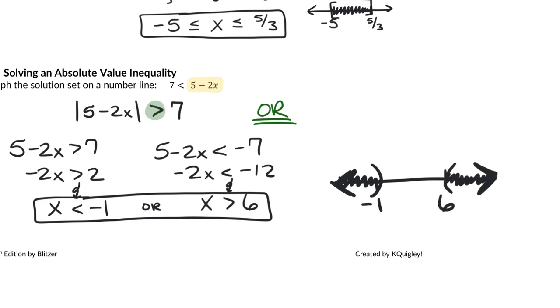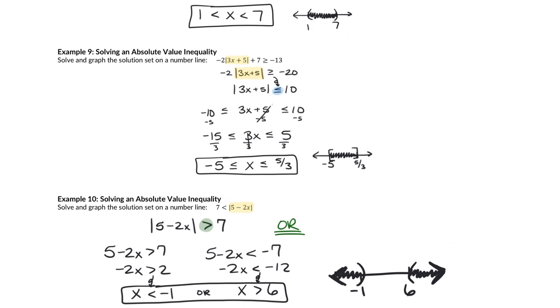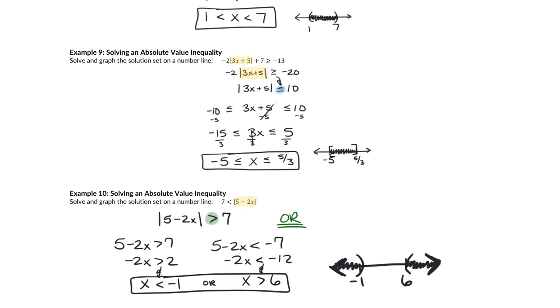So your or statements are not going to combine together, but they're going to be two separate things on your number line. Do we see that difference between and or? So all of our and statements, we had sets that overlapped. It was our intersections. For our or statements, we have two separate intervals on our number line.